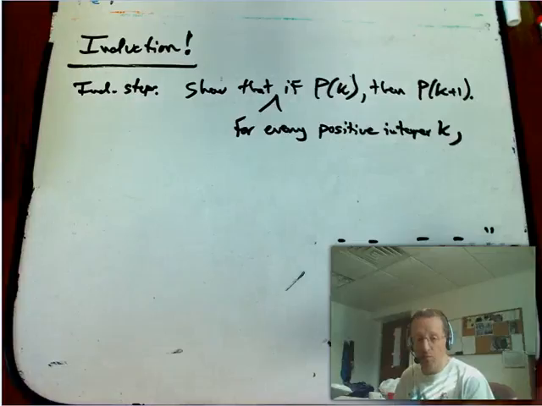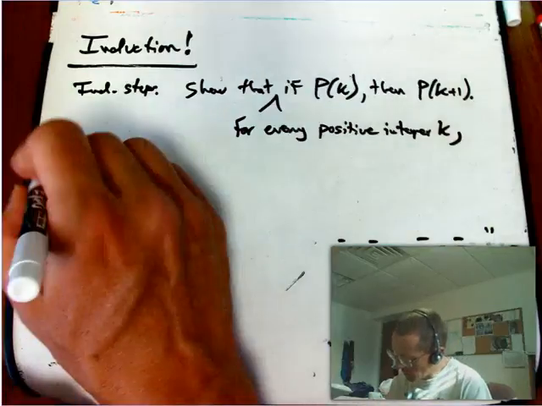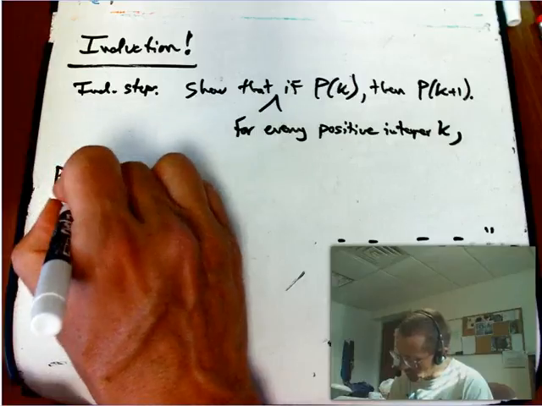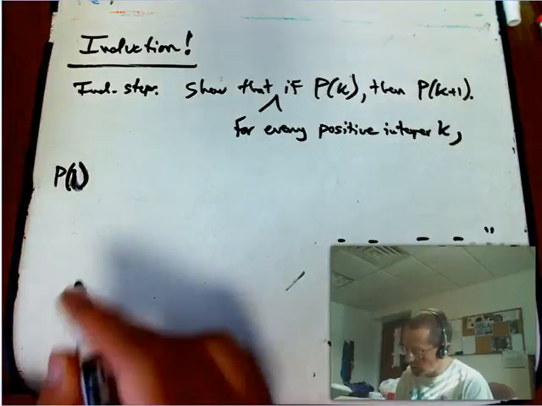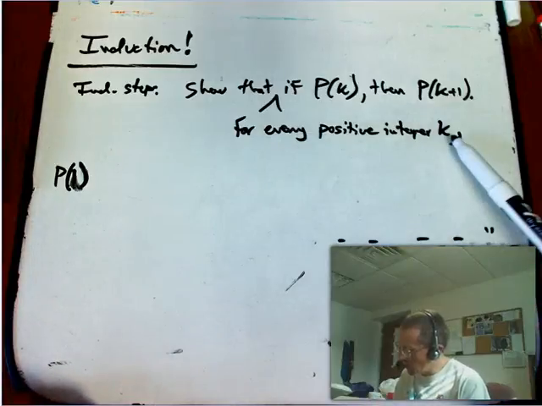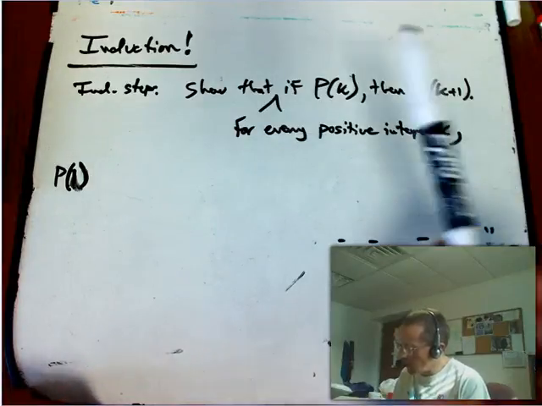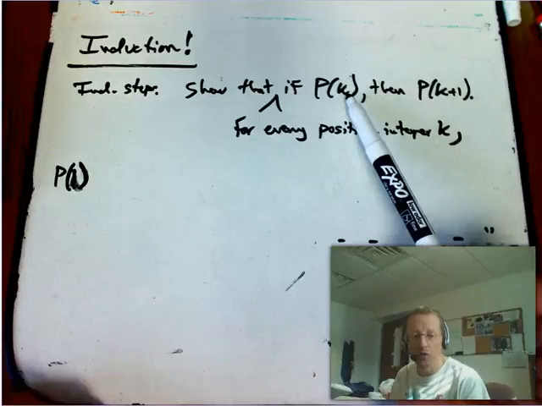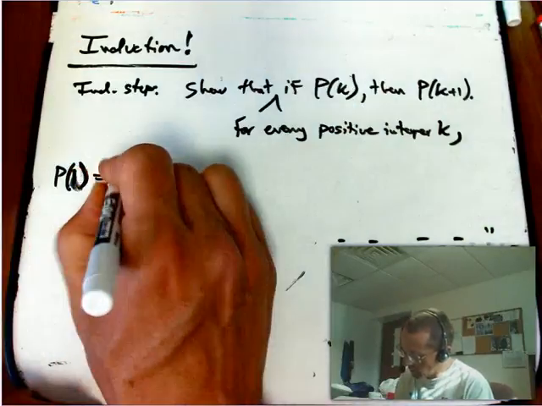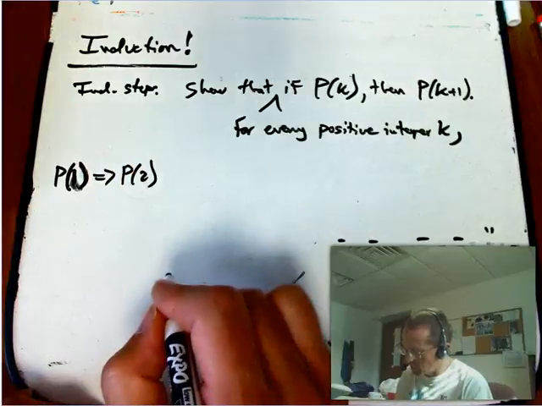Why does that accomplish what we want to accomplish? Well, intuitively at least, if we know P of 1 is true, which we do, that was the base case, then we can apply this. We know that no matter what integer we have, K, if I happen to know that P of K is true, then I can get to the next statement. Well, I do know P of 1 is true, and therefore P of 2 is going to be true.